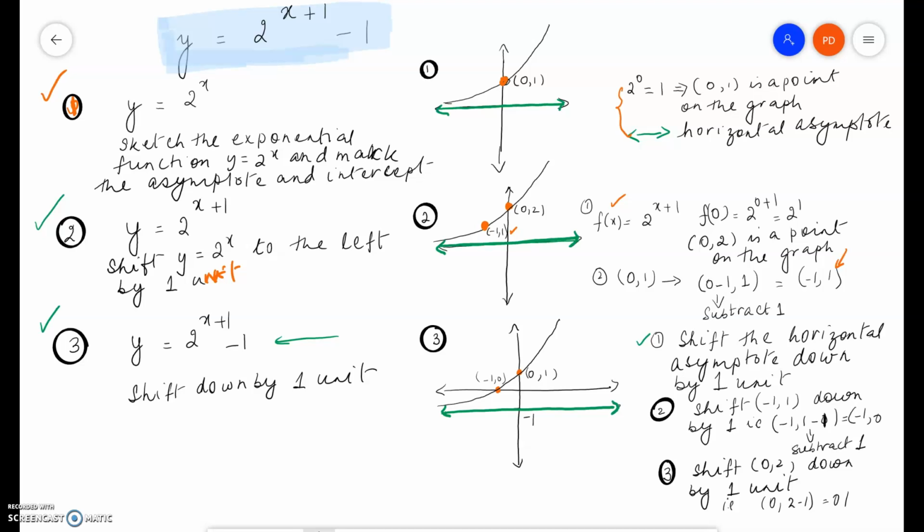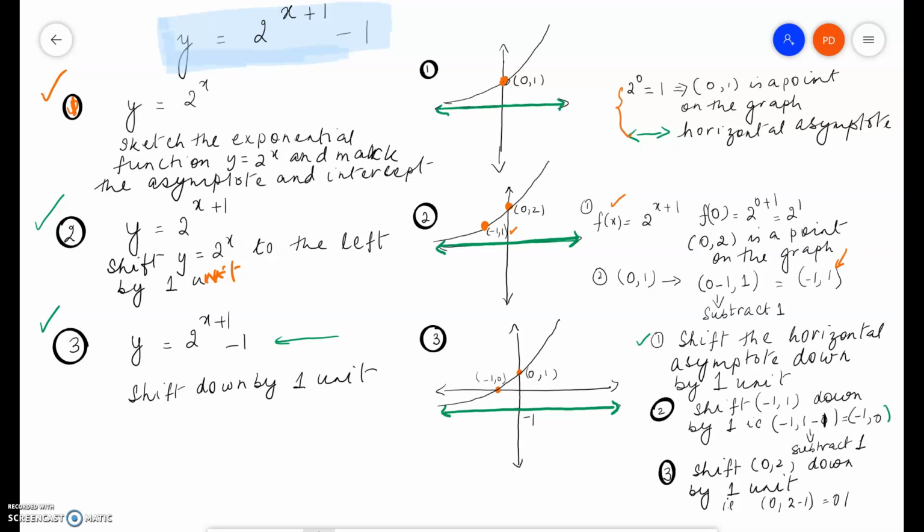Now, we marked 2 other points. We shift both the points down. When we shift a point down, we subtract 1 from the y coordinate. So negative 1, 1 becomes negative 1, 1 minus 1, which is equal to 0. Negative 1, 0.